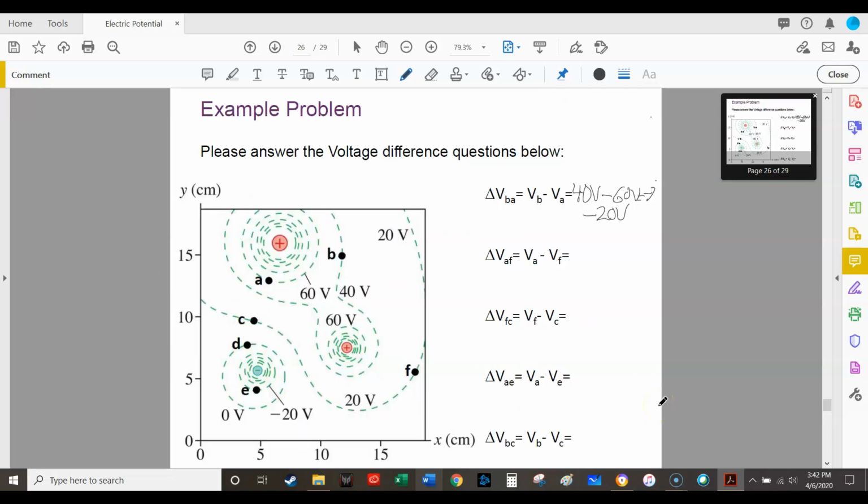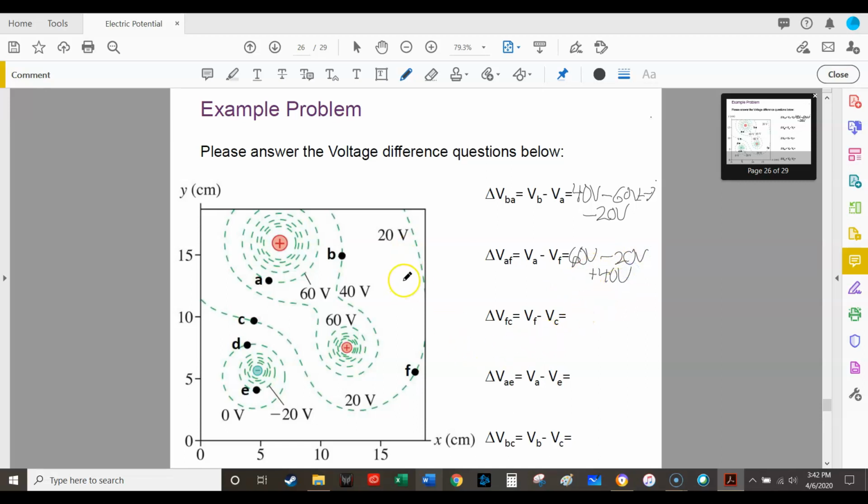All right, we're back. Let's try the voltage at A. The voltage at A is 60 volts. And the voltage at F is on 20 volts. So this is going to be 60 volts minus 20 volts, which is going to work out to be a positive 40 volt difference.